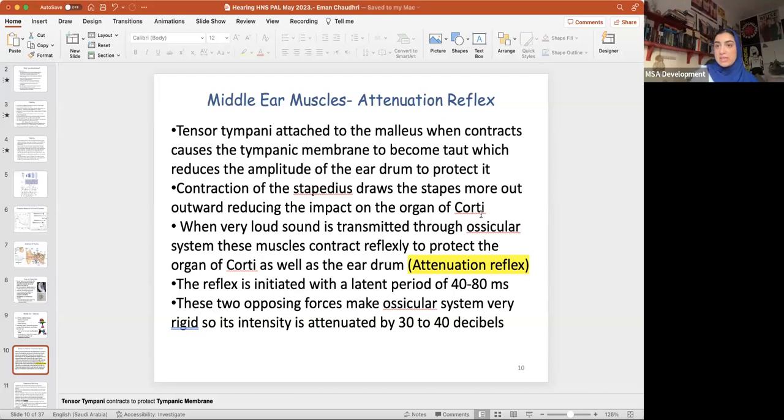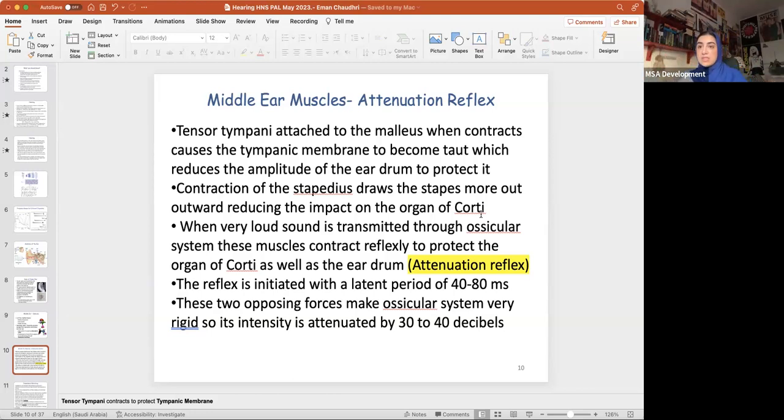And why this is important is because basically when you hear a very, very loud sound, let's just say you're at a concert or you're at a wedding or a gathering and people are playing very, very loud music, what happens is that your stapedius is kind of contracting so that your stapes is also moving outward a little bit, so that your organ of Corti or your inner ear is not receiving all of the sound that is coming from your external auditory canal.